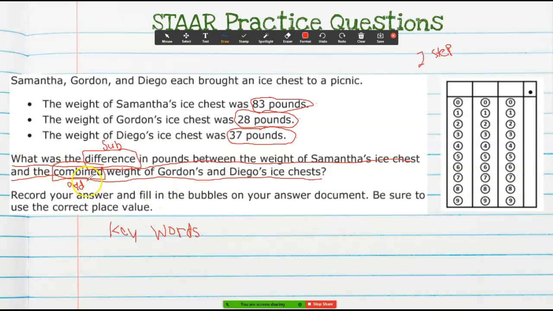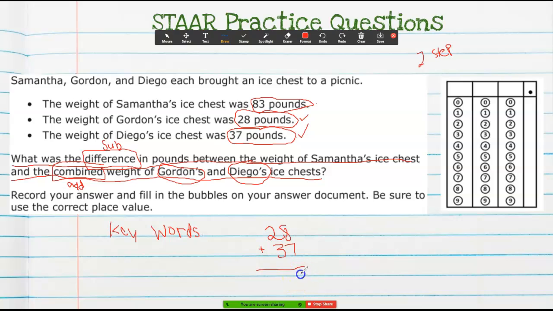So it says the combined weight of Gordon's and Diego's. So I'm going to add Gordon and Diego. 28 plus 37.